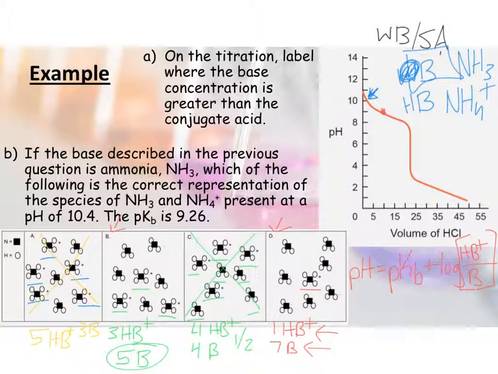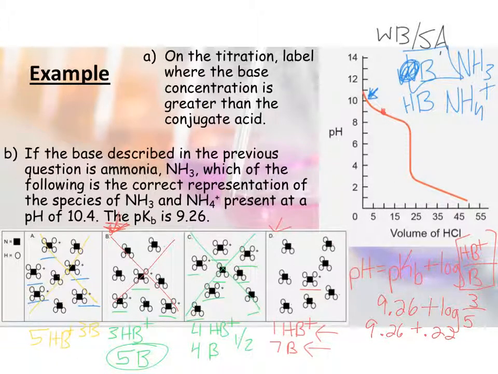Okay, so over here, we know our pKb is 9.26, and then if I look at B, and we do the log of 3 of our conjugate acid over 5 of our base, we get 0.22. Well, you guys obviously realize that 9.26 plus 0.22 is not going to give you 10.4.